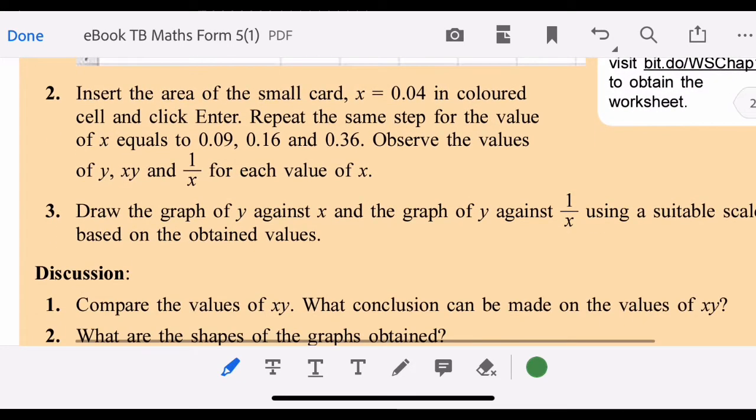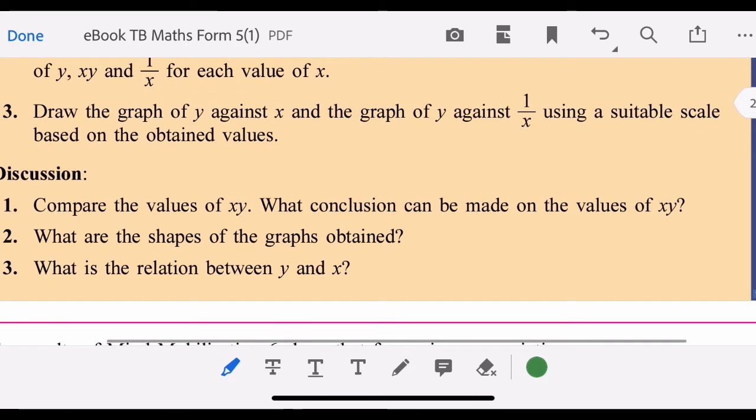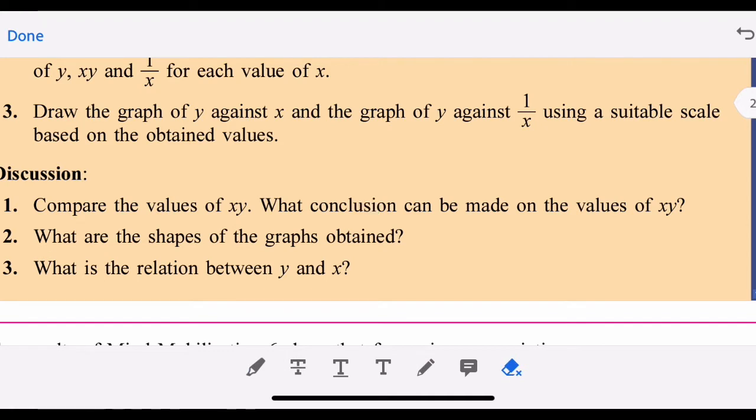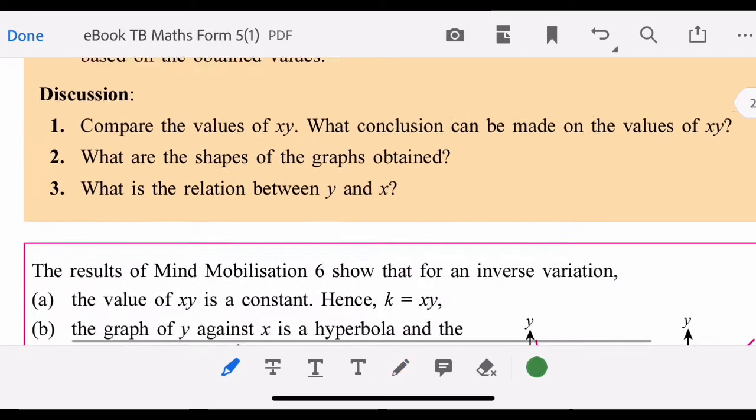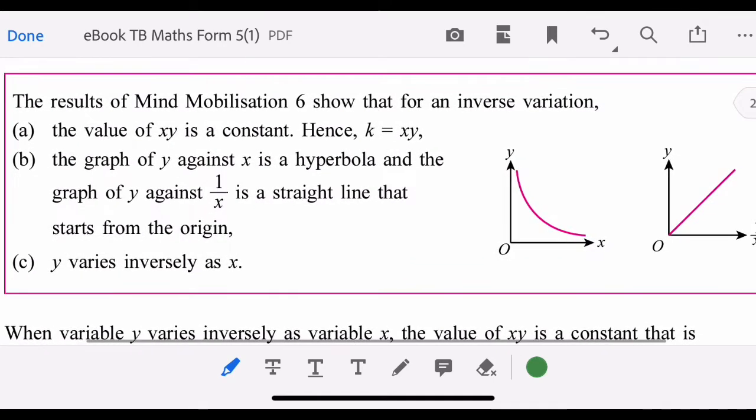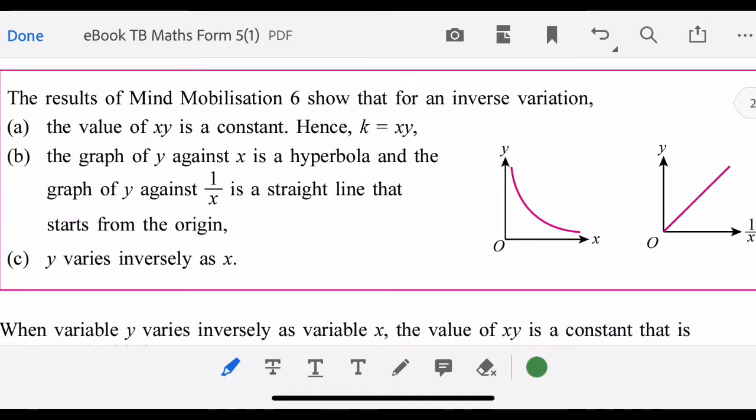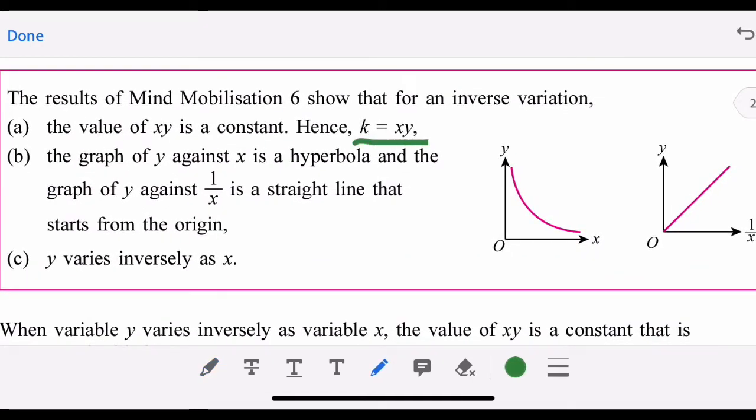So if we try to draw the graph of y against x and the graph of y against 1 over x using a suitable scale, and compare the values of x and y, then we will find that the value of xy is a constant, and k is equal to xy. The graph of y against x is a hyperbola and the graph of y against 1 over x is a straight line that starts from the origin.